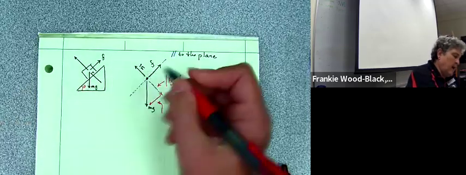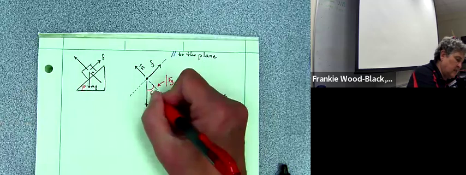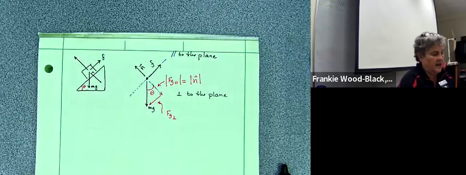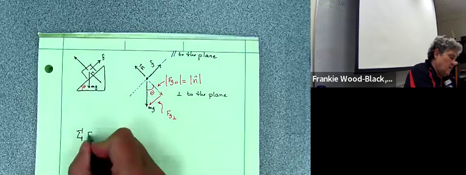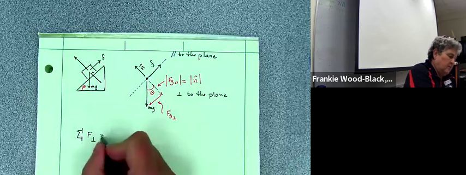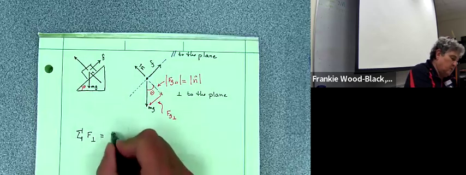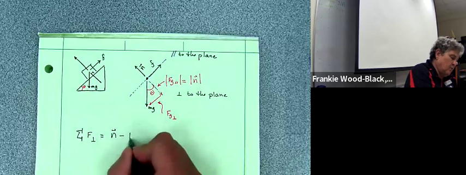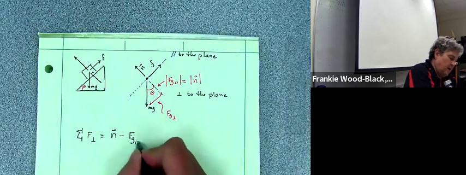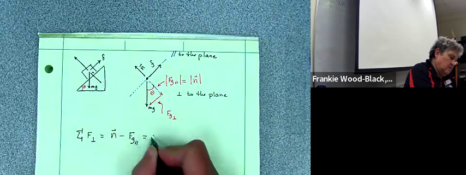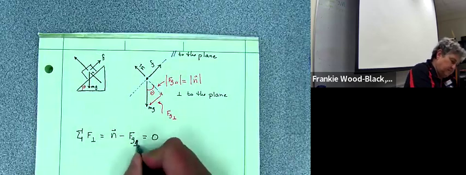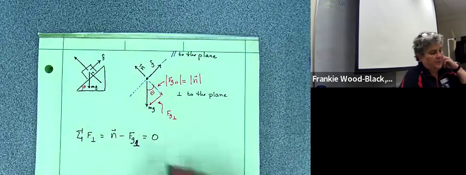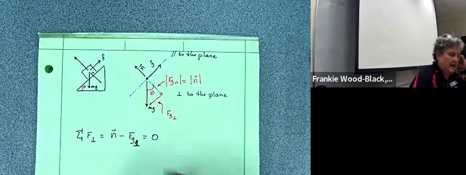Now, if I write my angle, and we talked about this on Wednesday, that angle and that angle are the same. So now I would have the sum of the forces perpendicular to the plane, which is going to be my normal force, minus the force due to gravity, perpendicular, which is equal to 0, because I'm not falling through the plane or anything like that.